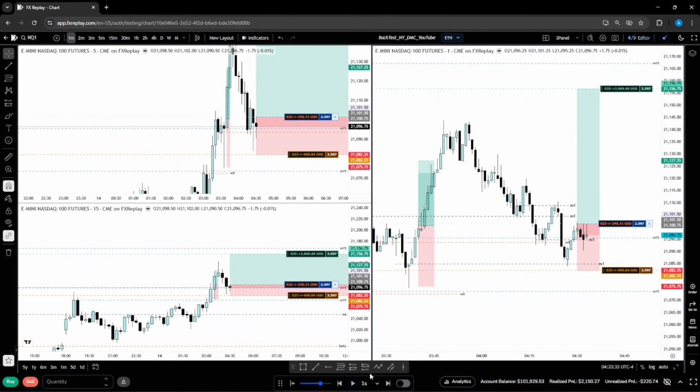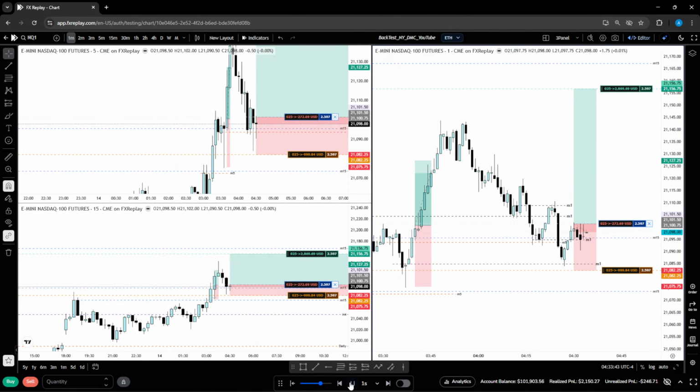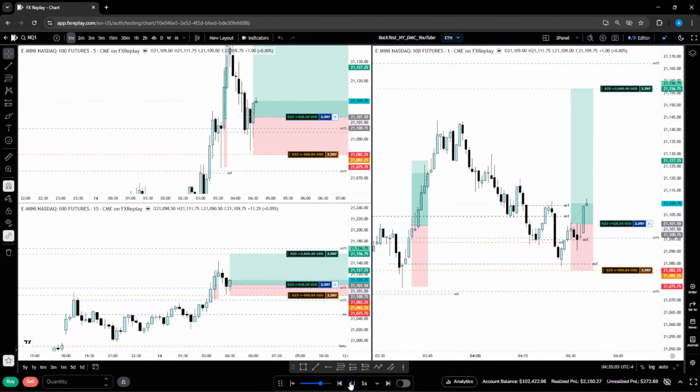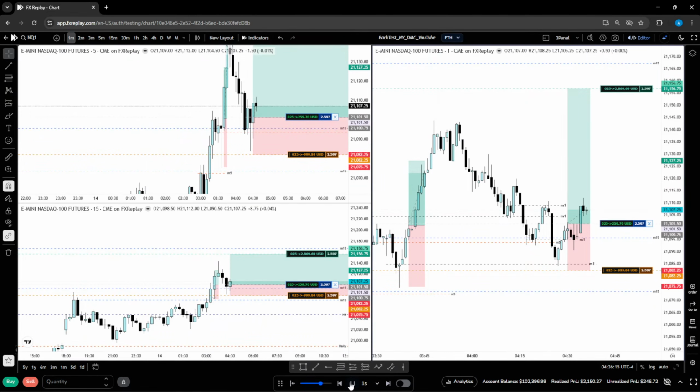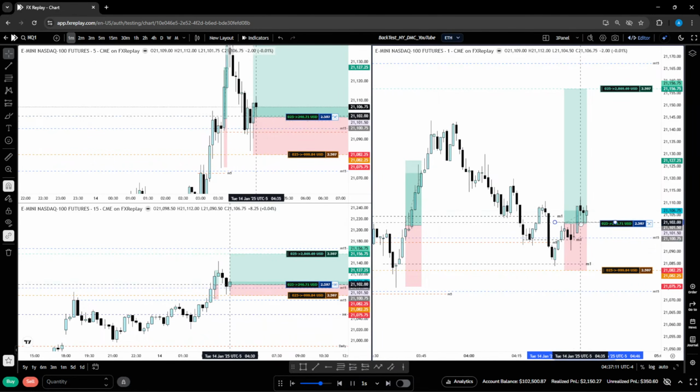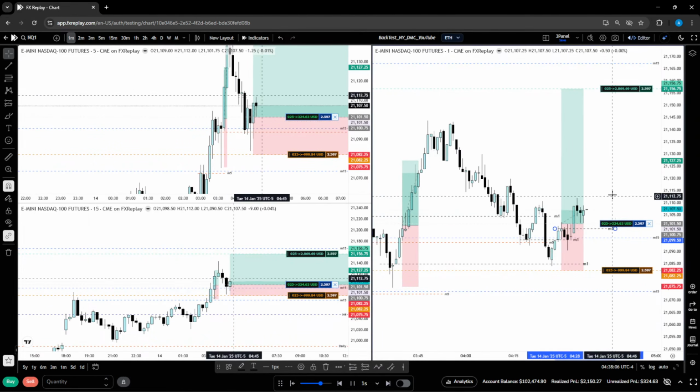That was fine. That was test of this level. We should see a strength now. Testing these levels.